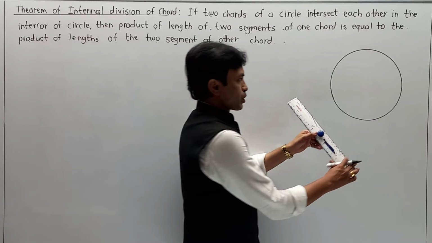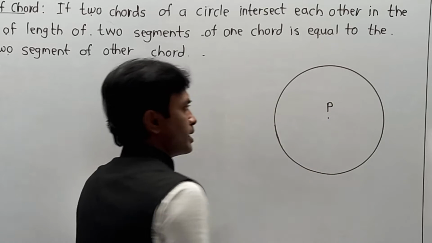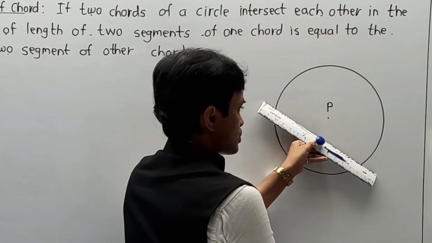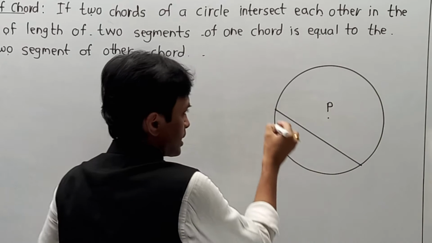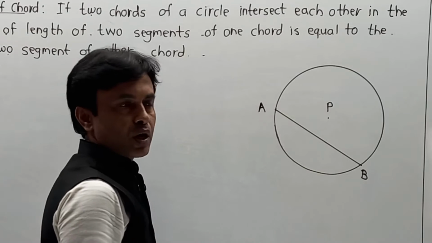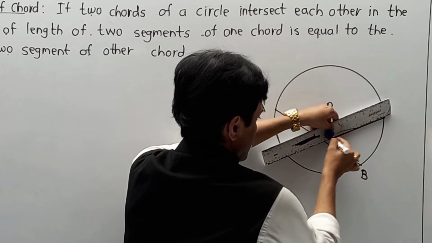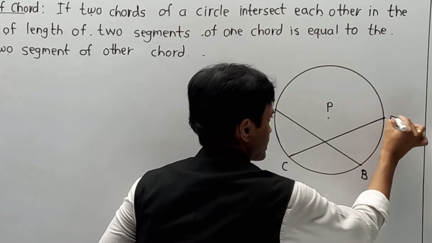So first of all, let us say P is the center of the circle. There are two chords, so I am going to draw the first chord, let us say chord AB, and another chord, chord CD.